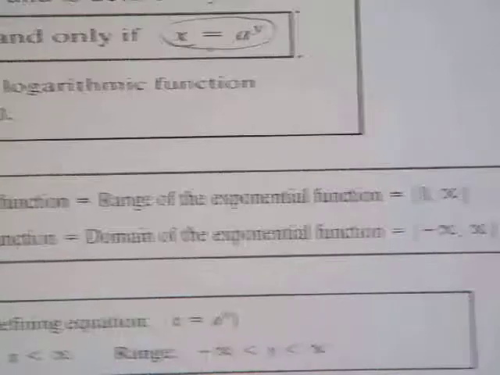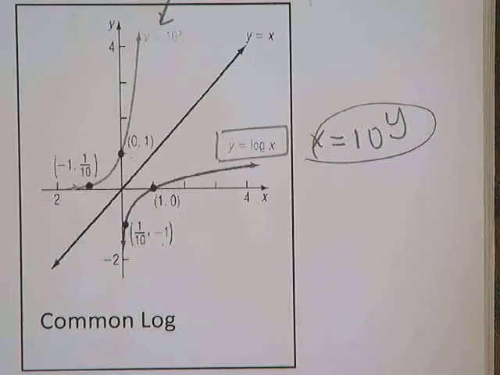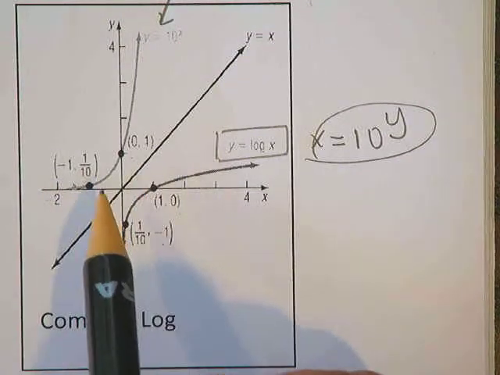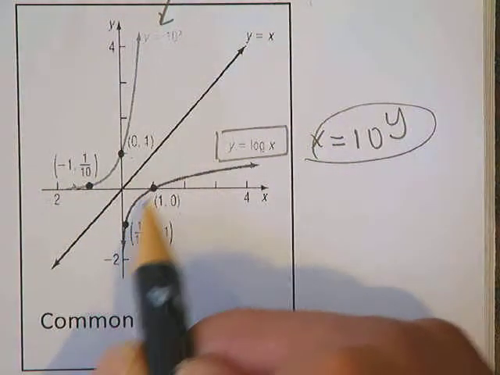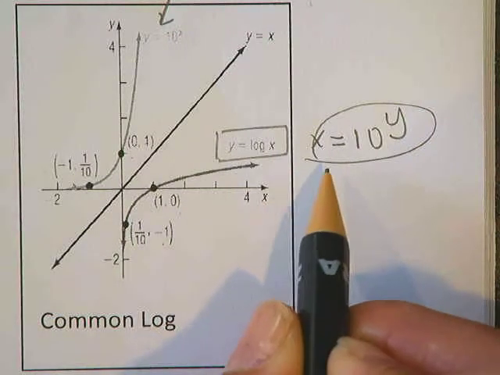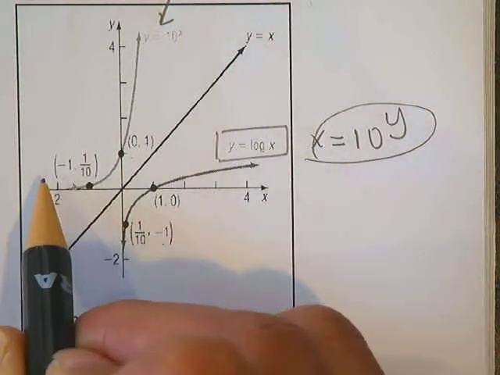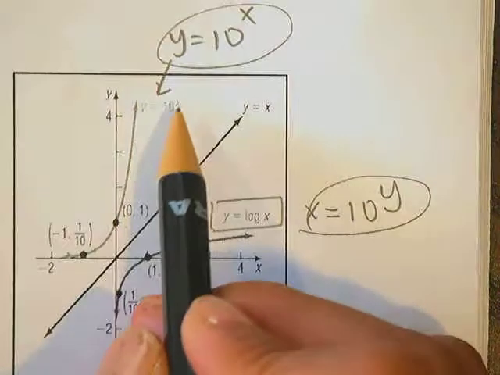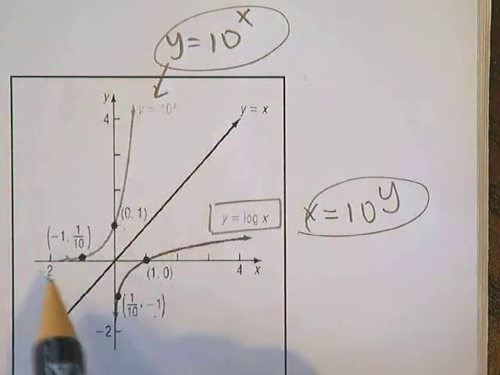All right, now let's go back. Sorry, I wanted to go there for the domain. Remember, for the exponential function, the domain is all reals, so that means the range of the inverse, which is the log function, is all reals. And the range of the exponential function is greater than 0, because there's an asymptote here.